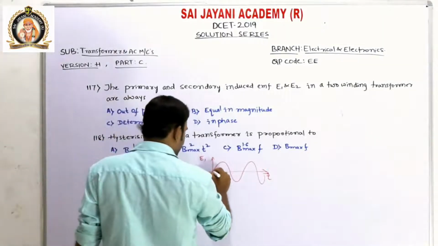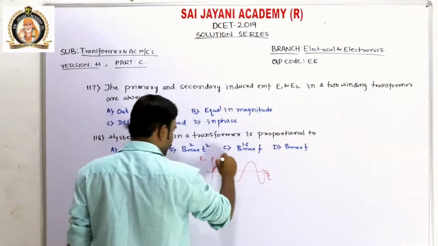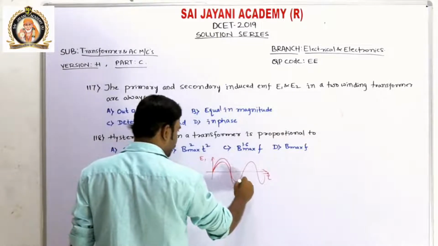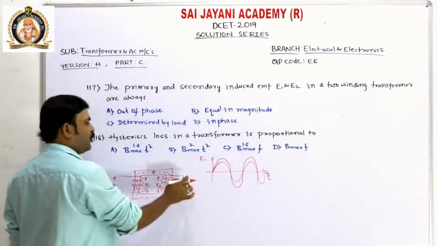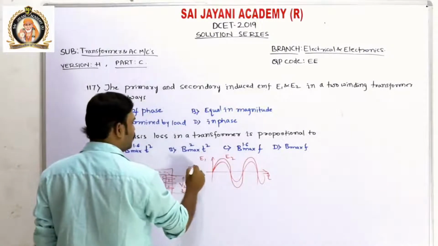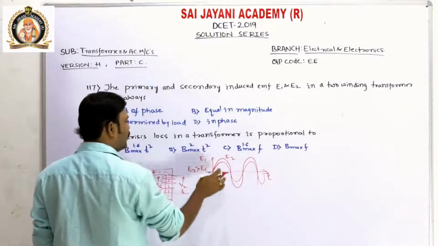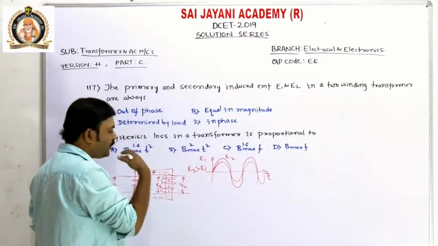So E2 is also produced. Its magnitude depends on the number of turns. If the secondary number of turns is more, E2 will be greater than E1. If the secondary turns are less, E2 will be lesser than E1.